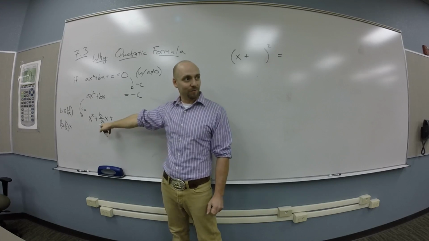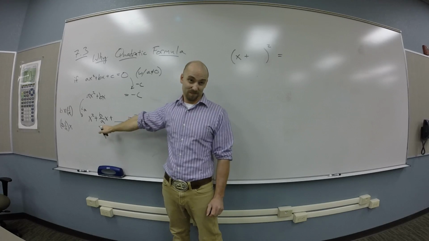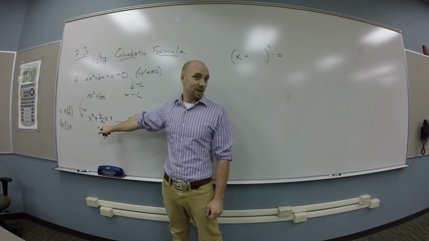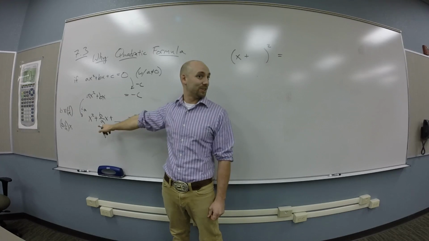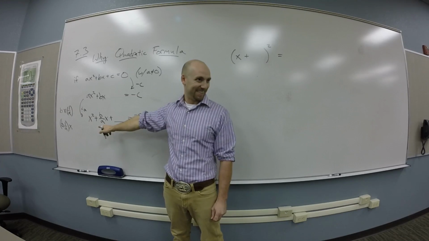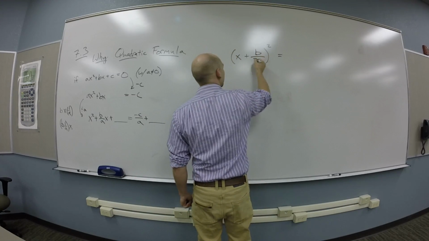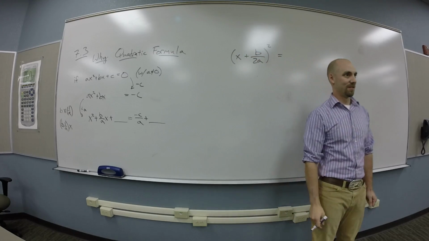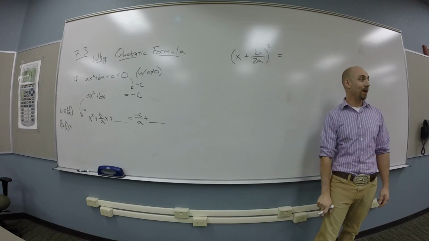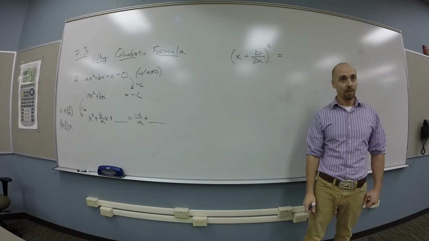What's b over a divided by 2? It's b over a times one half, so b over 2a. Trust me on that for a moment; you might need to fiddle with fractions to get that one down, but it's there.